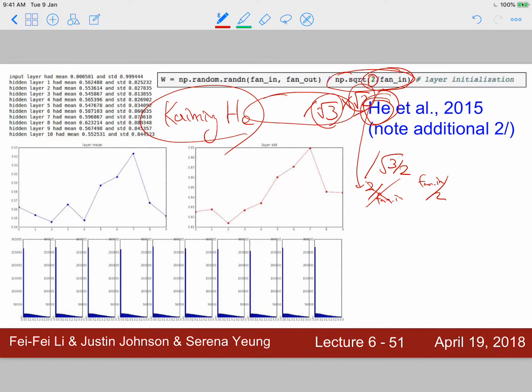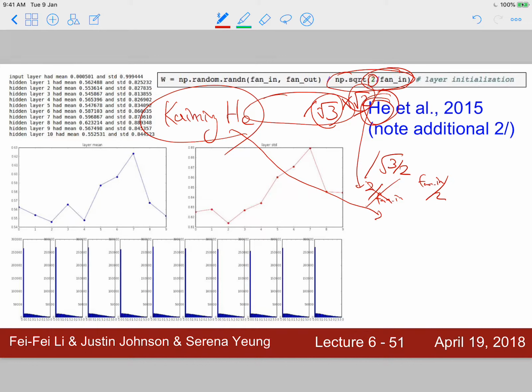In the next lecture, I mean, this is lecture 6, and in lecture 7, when Justin Johnson briefly reviewed the previous lecture material, he mentioned this initialization by a different name. Does anyone remember that name?